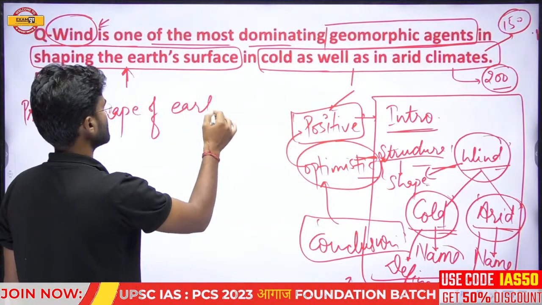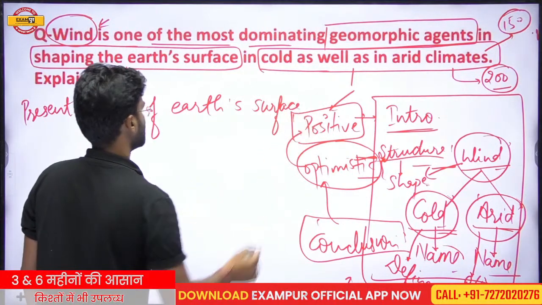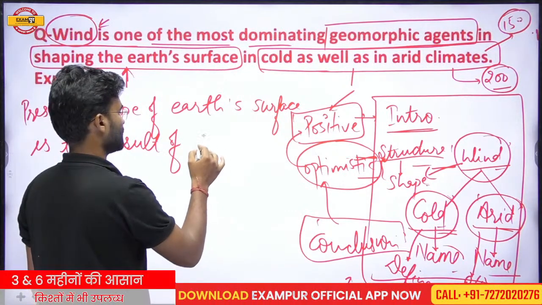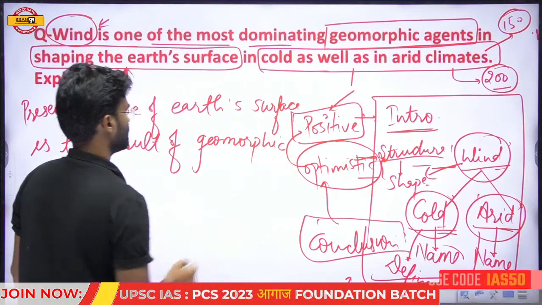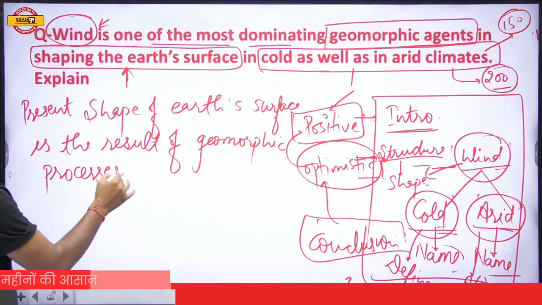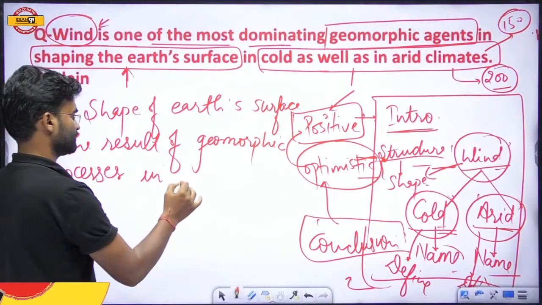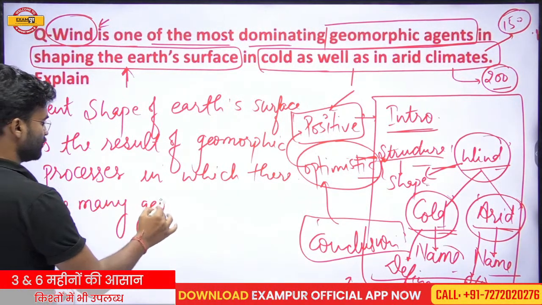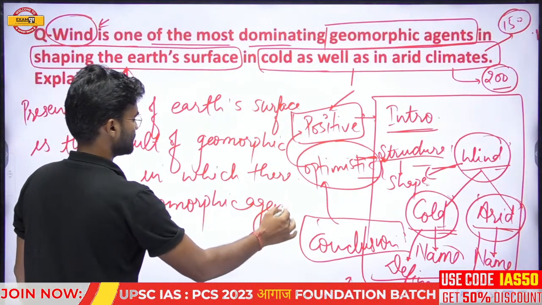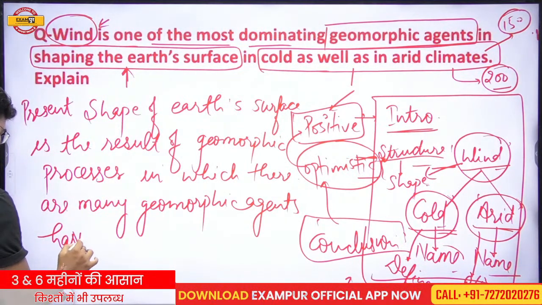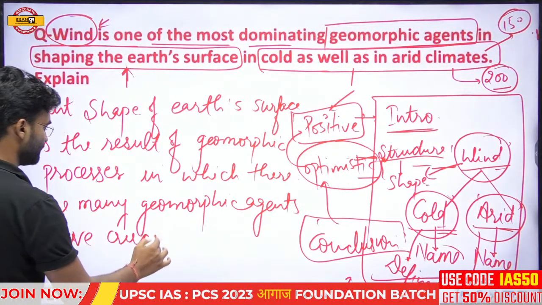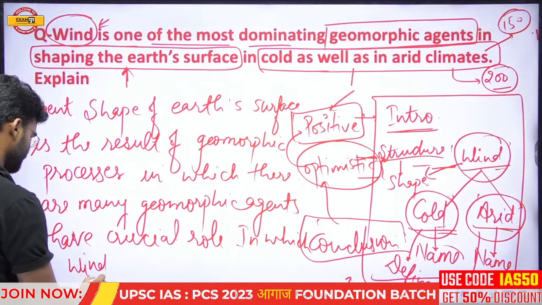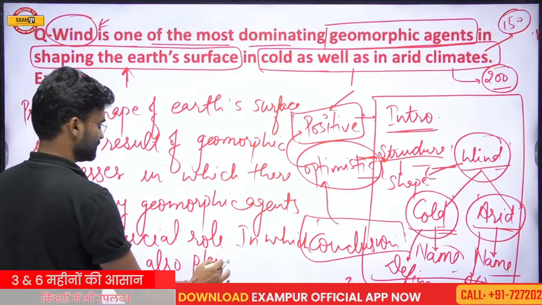The present shape of Earth's surface is the result of geomorphic processes, in which there are many geomorphic agents that have a crucial role, in which wind also plays a vital role.